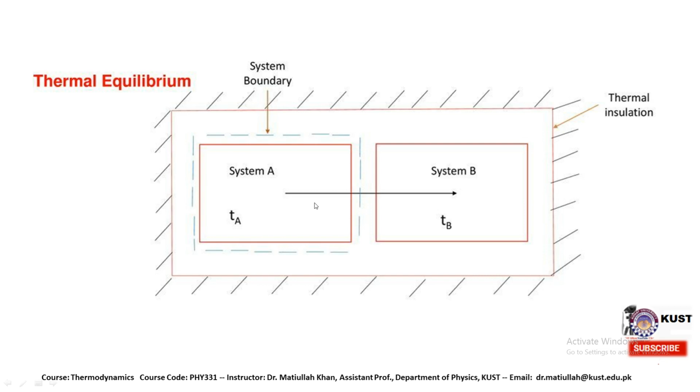The heat will flow, and the heat flow depends upon the difference of temperature. If there is a huge difference of temperature, there will be a huge flow, and if there is a small difference, the heat flow will be slow. But anyhow, the heat will flow from the body having higher temperature to the body having lower temperature, and this heat flow will continue until both the bodies achieve the same temperature.